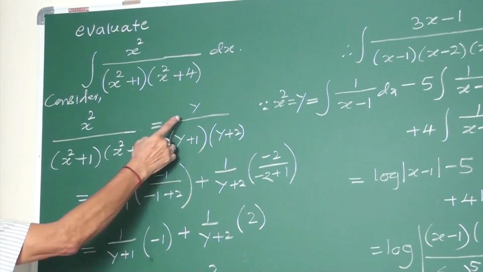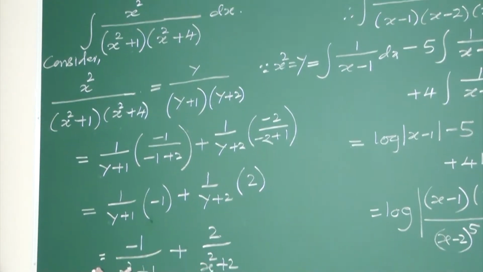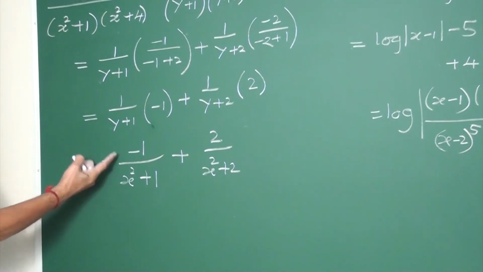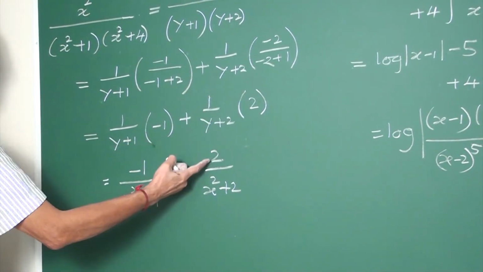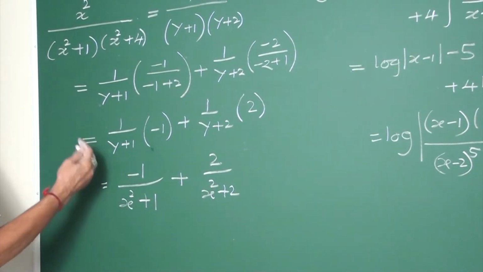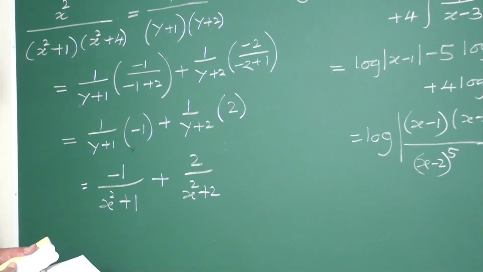So this is equal to, yes, partial fraction. You go back to the x square again. y is x square. 2 in the numerator, minus 1 in the numerator. Integrate both sides.